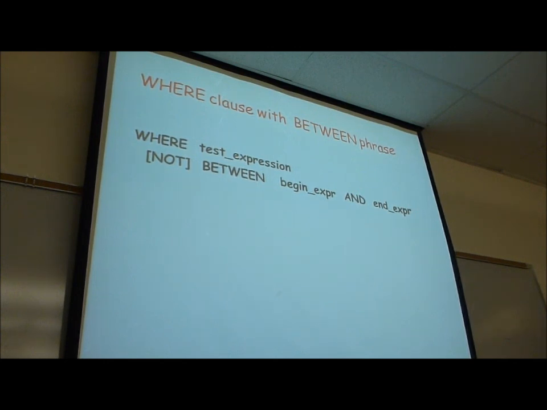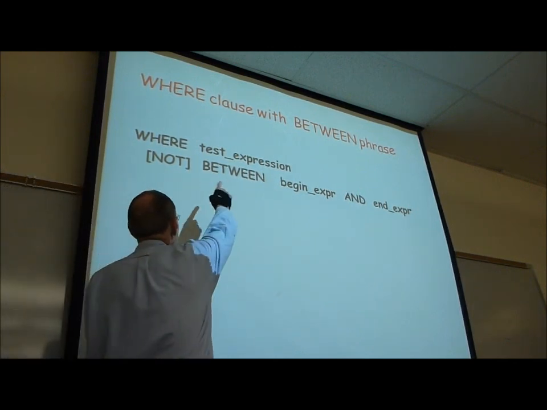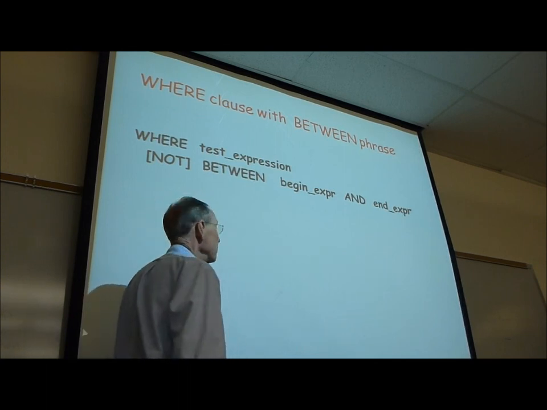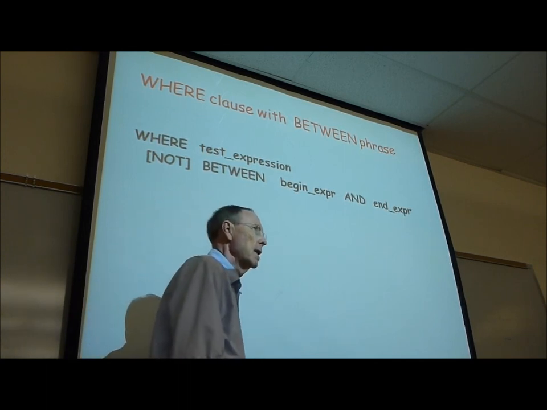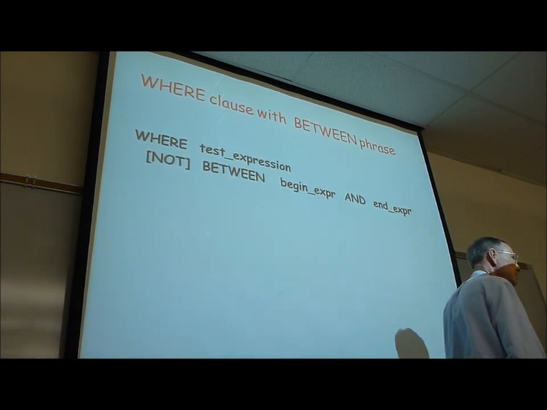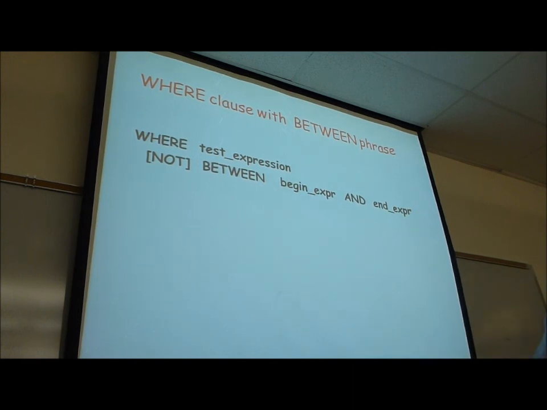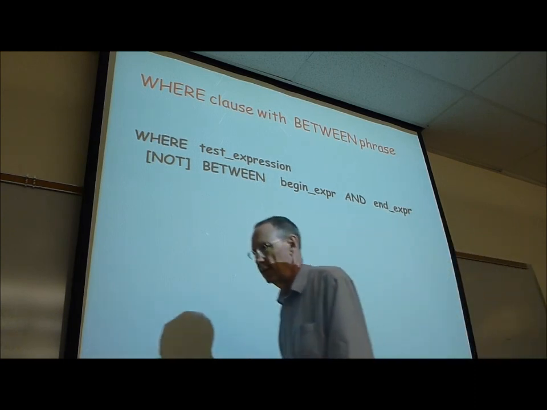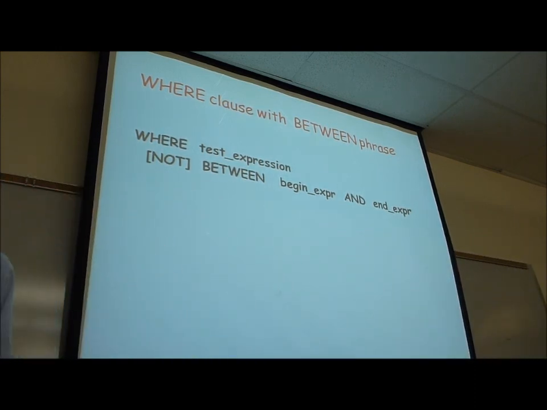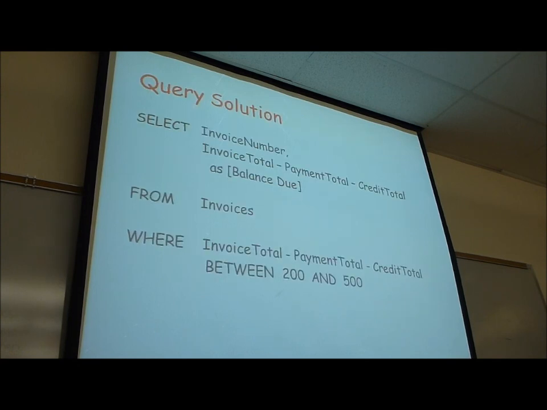Where the test expression can either be a not, which means not between, that would mean outside, but if it's between, and then the beginning expression and the ending expression. And it will always be inclusive? May always be inclusive, yes sir.